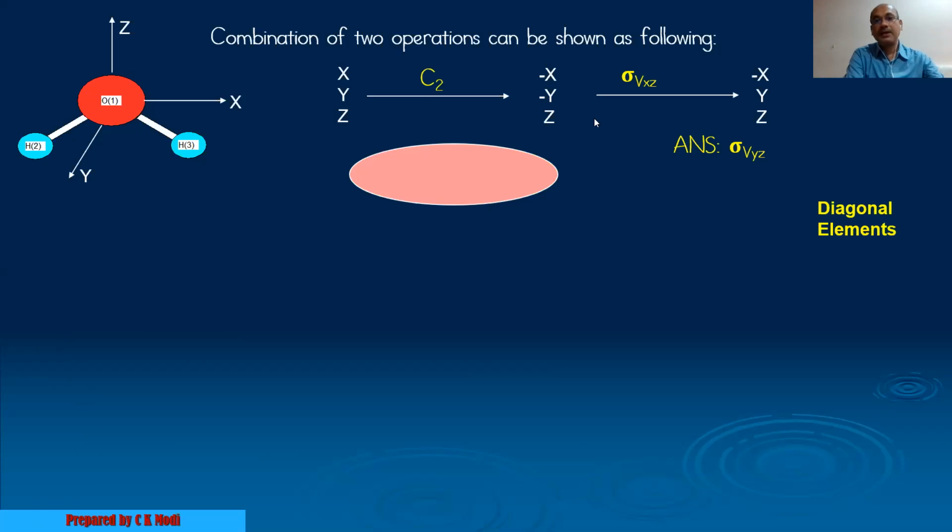Now same way, while performing sigma v xz after C2, what will happen? Minus x and z are situated in the plane.